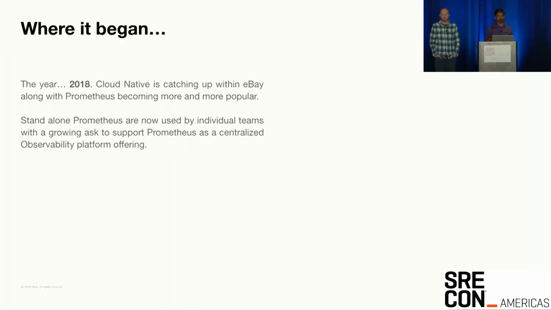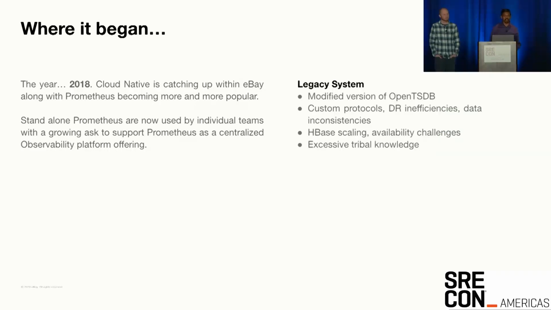And in a DevOps model, they were managing their own monitoring needs within their own namespaces. At the same time, we had our centralized legacy platform that was there, which basically relied on a modified version of OpenTSDB. But there were several problems that were associated with it. We used custom protocols for users to be able to instrument, which means that there is some amount of tribal knowledge that needs to be built.